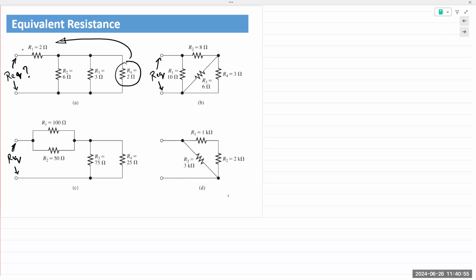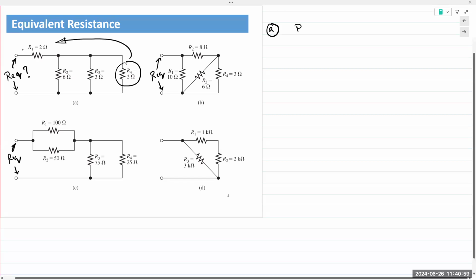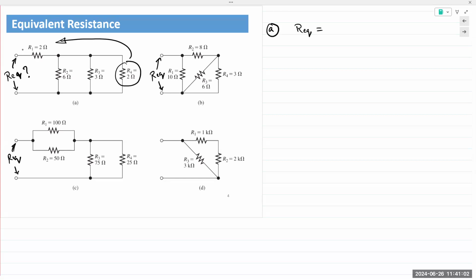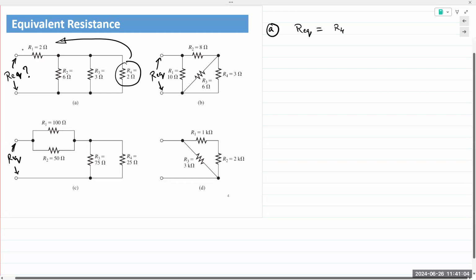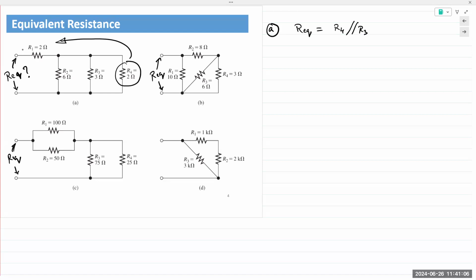So what do I see about example A? Req is R4 in parallel with R3, which is then in parallel with R2, right? My circuit reduces like this.